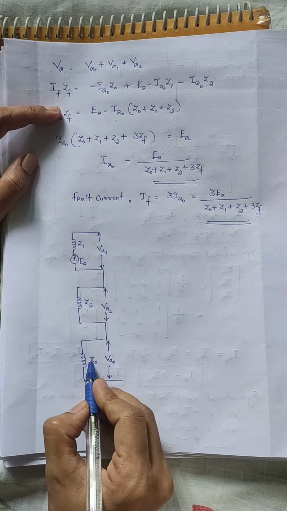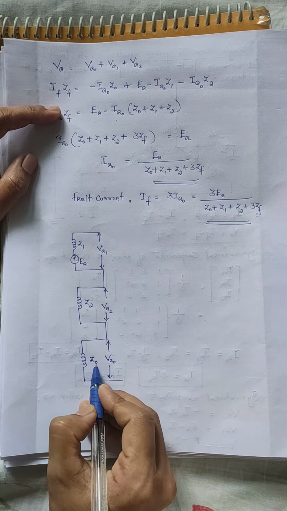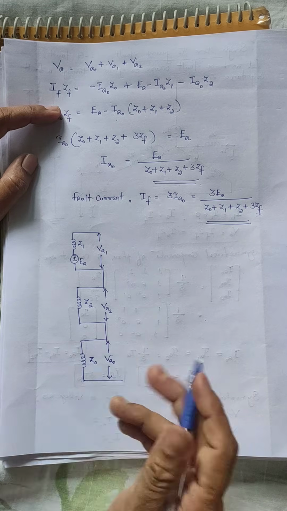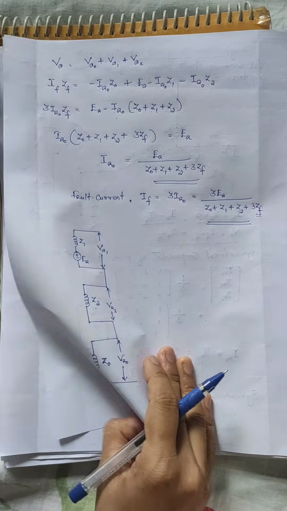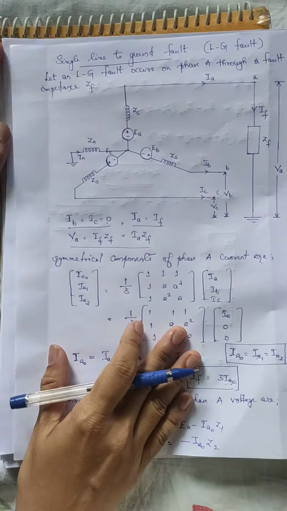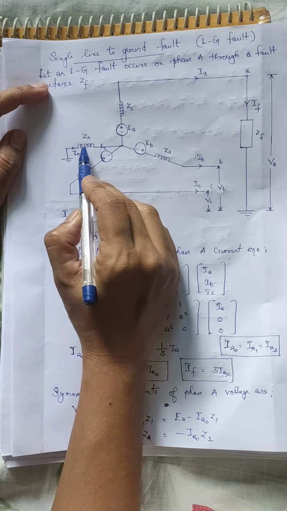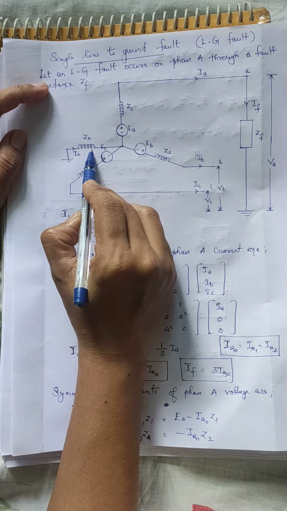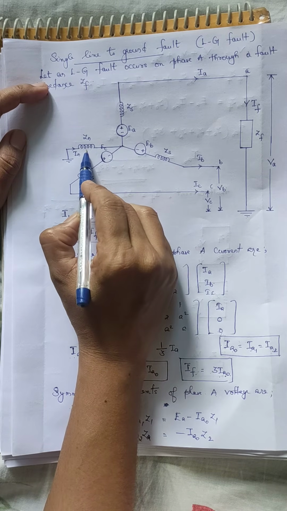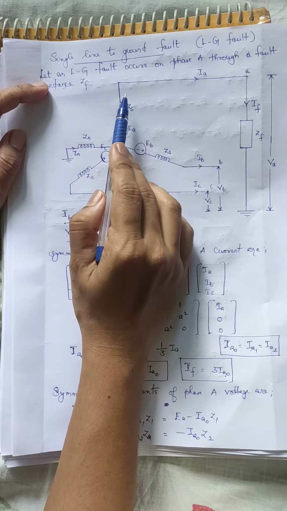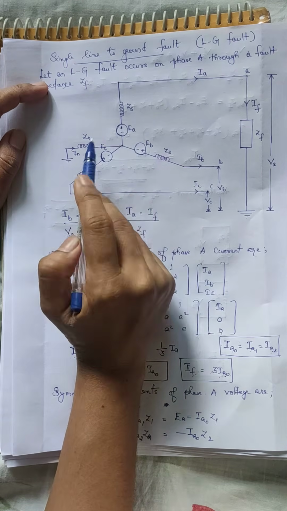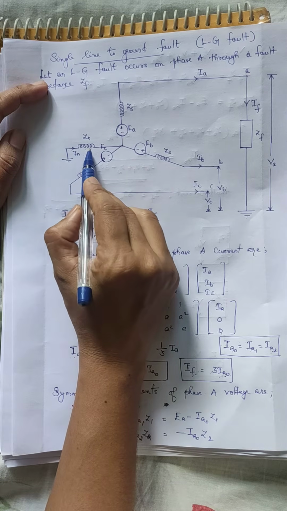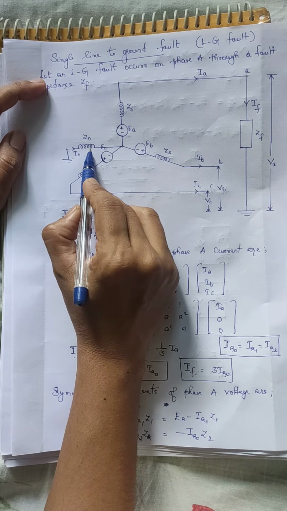Now, let's see Z0. It is the total zero sequence impedance in the zero sequence network. And what will be the value of that? We know that the neutral grounding impedance Zn will appear in the zero sequence network because the zero sequence currents IA0, IB0 as well as IC0 flow through this neutral grounding impedance Zn.